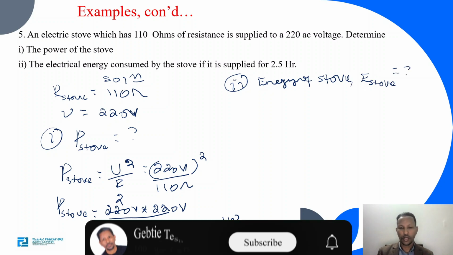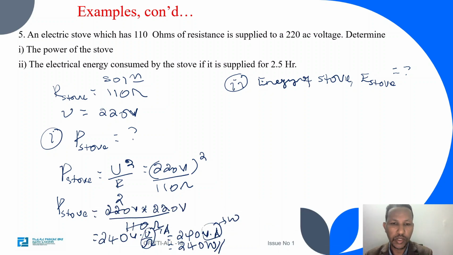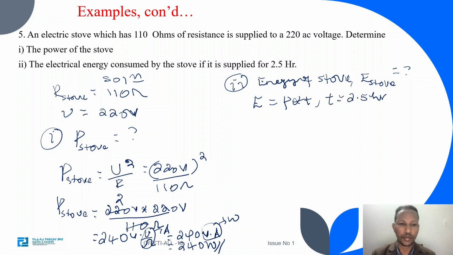How much? Okay, so based on this, we know that energy is equal to power times time, because we have been given the time as 2.5 hours. So the energy of the stove is given by the power, which is already calculated as 240 watts, times the time of 2.5 hours.